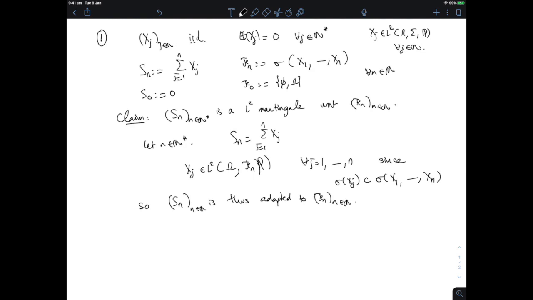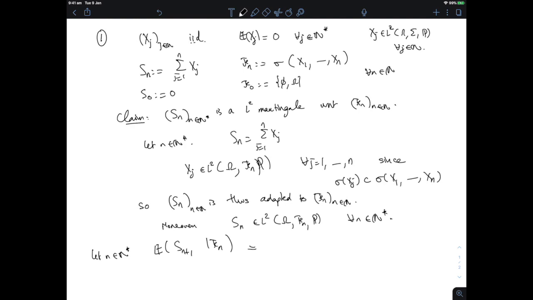We also have that because xj is in L2, a finite sum of L2 objects is still in L2. So, moreover, Sn is in L2 of omega, Fn, P for all n. Okay, that's good. Now we get to the key property, the conditional expectation aspect. So what is the expectation of Sn plus 1 given Fn for a fixed n?